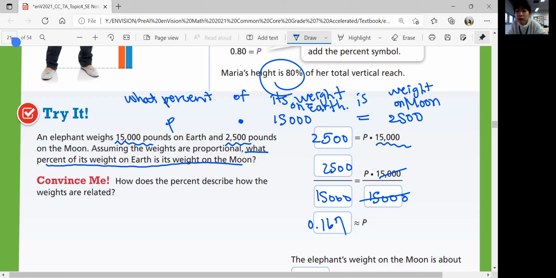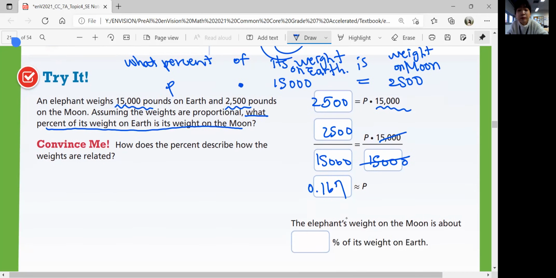The elephant's weight on the moon is about how many percent, as a whole number? 17% of its weight on Earth, or 16.7%. So how does the percent describe how the weights are related? What does this percent mean?